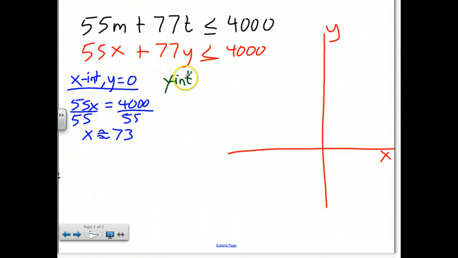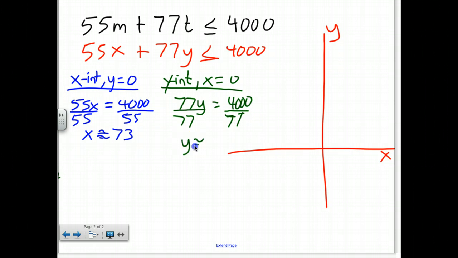What do we do with the y-intercept, guys? X equal to 0. So watch what happened. I said x equal to 0. That means this term will go away. Is that correct? The x term will go away. So I end up with just 77y equals 4,000. I do the same thing. I divide both by 77. And the answer comes out to be roughly 52, if I round it.